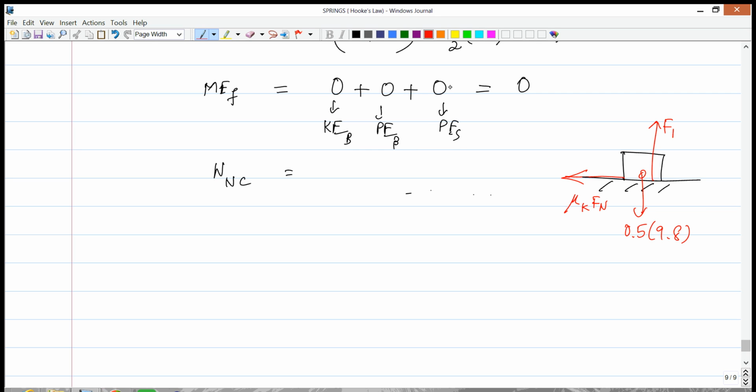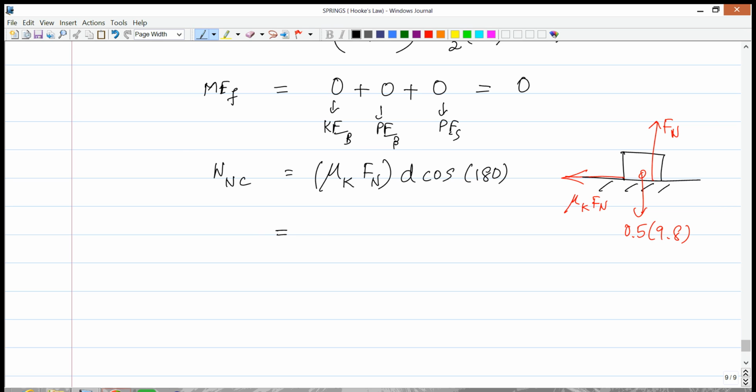The contact force happens to be equal to the weight in this case because there are no forces along the vertical direction. The work done by friction will be written as mu k times Fn, which is the force of friction, multiplied by the distance that it's traveling, which we do not know. So d is the unknown, multiplied by cosine of 180.